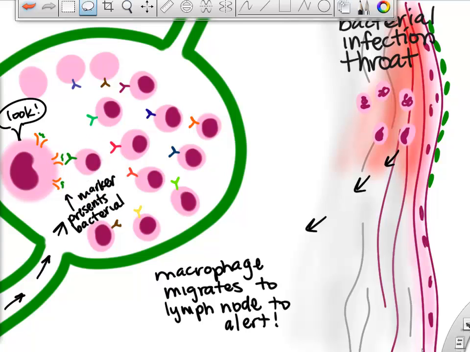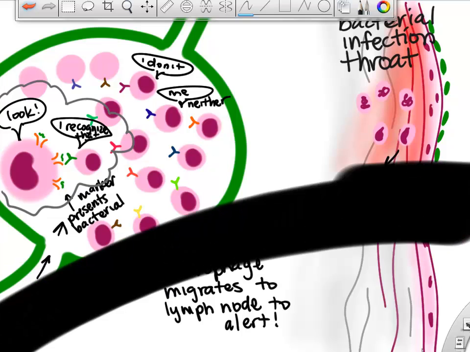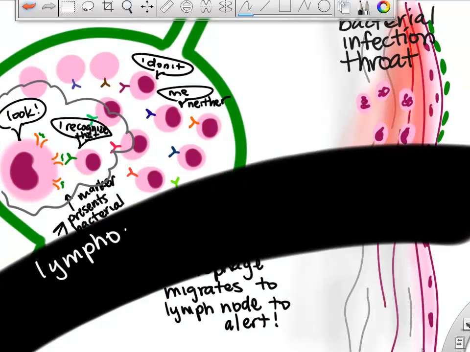So the macrophage shows the marker to all the different lymphocytes till it finds the right lymphocyte that can recognize that bacterial marker. The rest of them will ignore it because they don't recognize that marker and that antigen. But that one little lymphocyte will become activated.